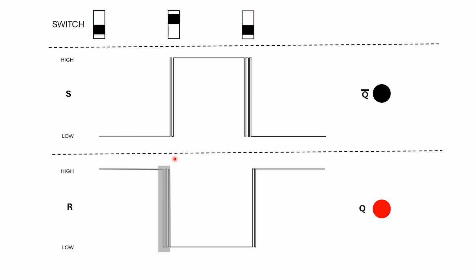But as soon as we get our first rising edge on the terminal connected to S, then the states will switch and the LED connected to not Q will be lit. Likewise, as we slide the switch back again, any bouncing on the S input will have no effect, but as soon as we get our first rising edge on R, the circuit will flip back again.